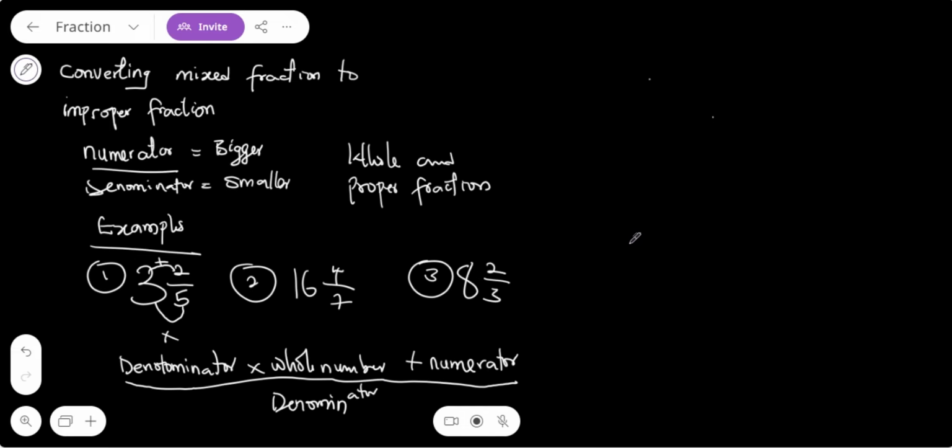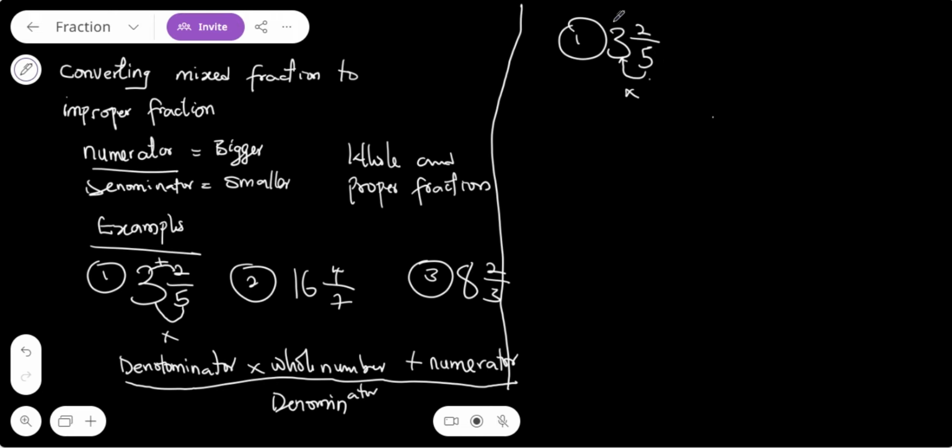All right. So, in solving this question, number one, we have 3 whole number 2/5. So the denominator will multiply the whole number, and then the result will be added with the numerator over the denominator. That is 5 times 3 plus 2, which is the numerator, all over, maintain the same denominator, which is 5.